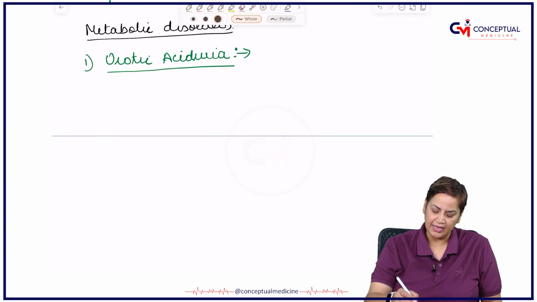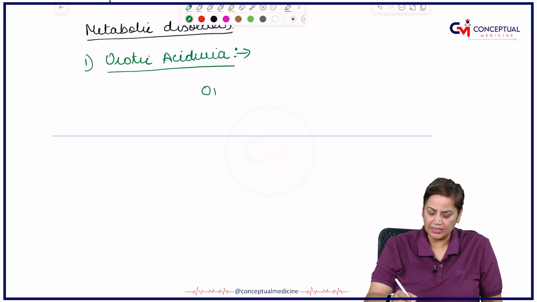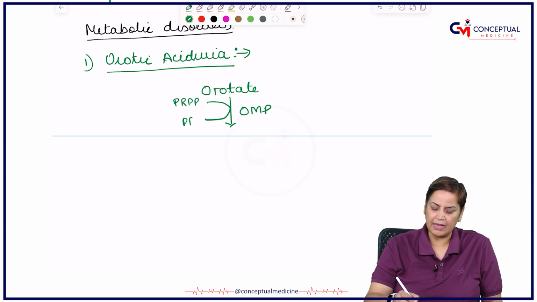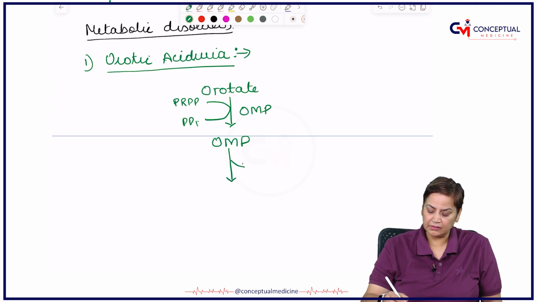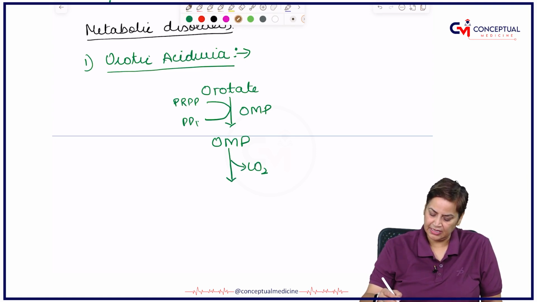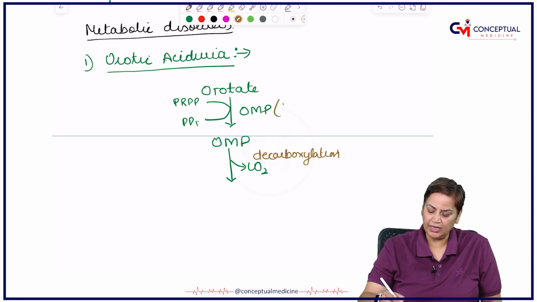Now, if we talk about the reactions, we know that this orotic acid or orotate undergoes the reaction with a transferase and forms orotate monophosphate. And this orotate monophosphate then undergoes decarboxylation, or this is orotidine monophosphate.